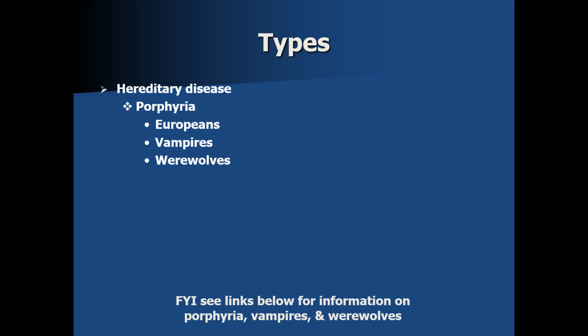Another hereditary anemia is known as porphyria, which is found in Europeans. There are those who believe that signs and symptoms of porphyria gave rise to legends of vampires and werewolves.